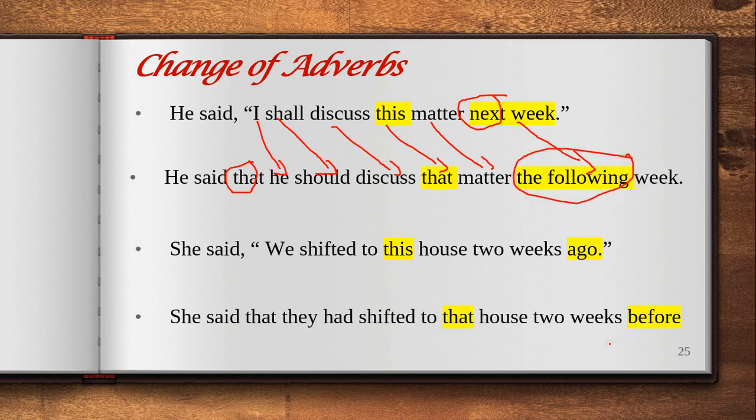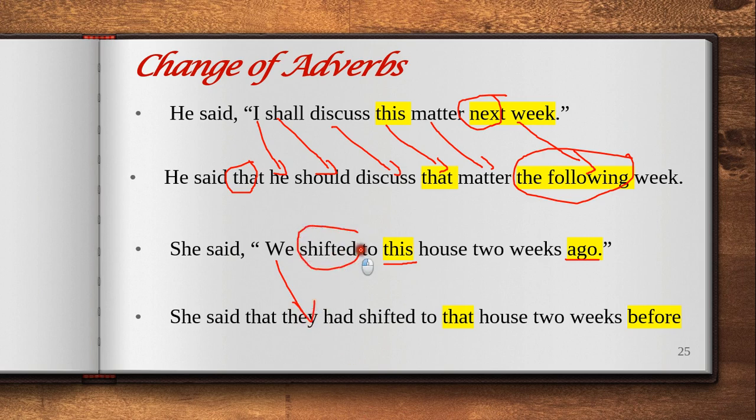Let's go to the next example. She said, "We shifted to this house 2 weeks ago." Remember, for the direct speech, there is "this" and "ago." Let's change it into indirect speech. She said that they shifted.